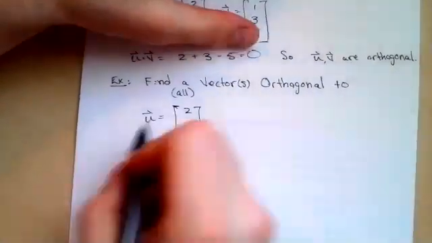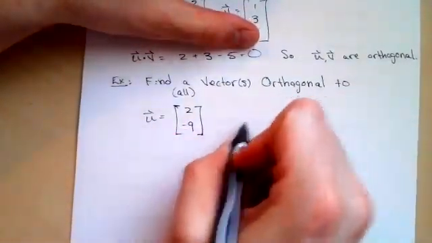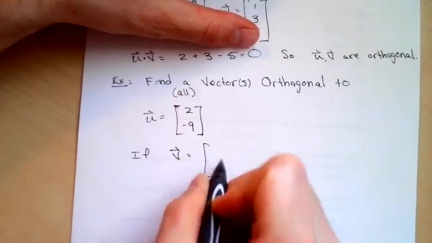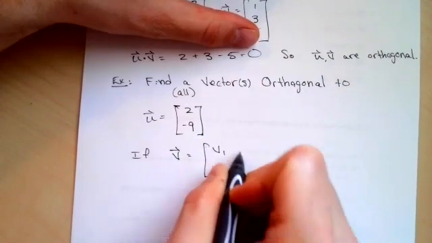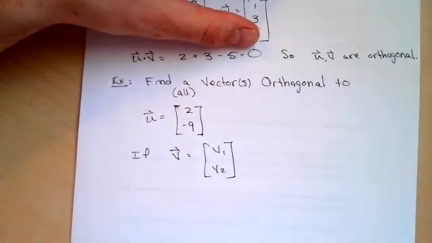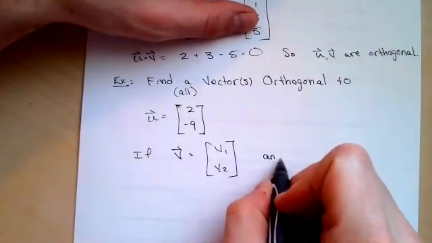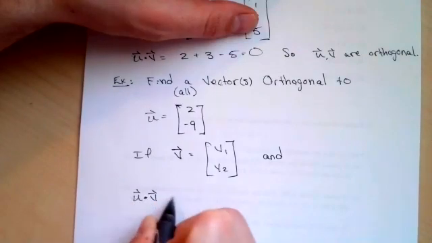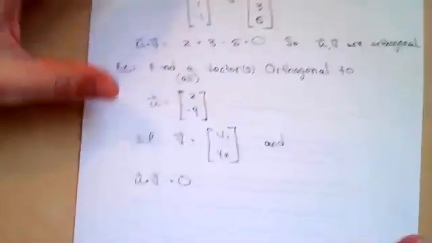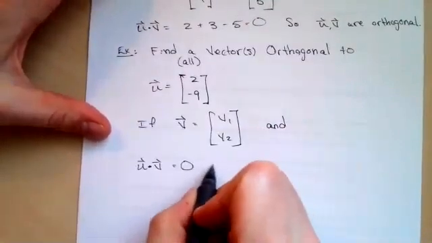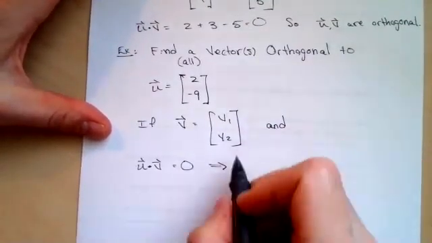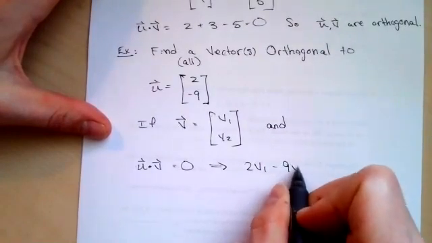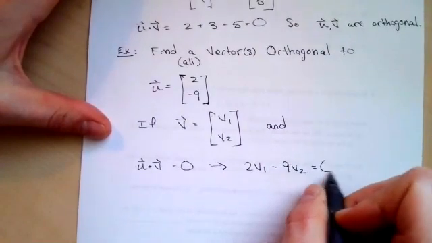So what do we want? If v is (v1, v2), and u dot v is 0, then this implies that 2v1 minus 9v2 is equal to 0.